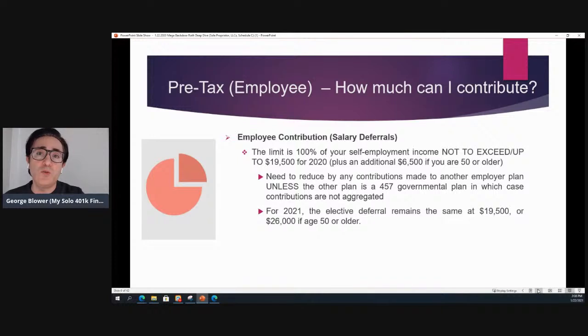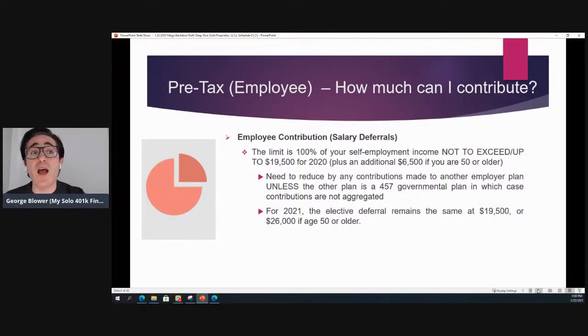So if you have a W-2 job and that side business, and in your W-2 job you have a 401k plan that you're making contributions to, if you max it out at the day job, you're not going to be able to make any more employee contributions to the solo 401k, because the employee limit applies at the employee level. So it's aggregated across all plans.